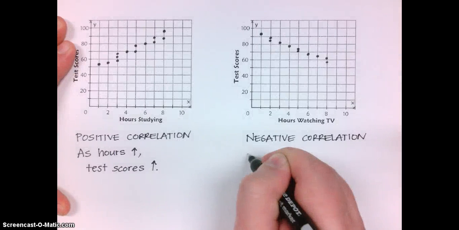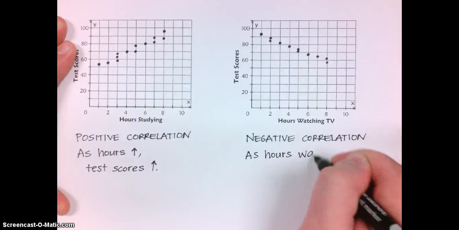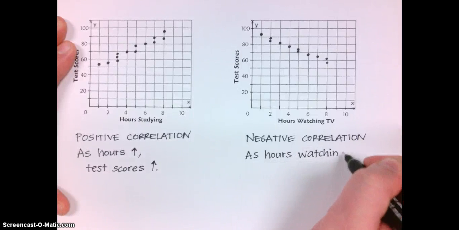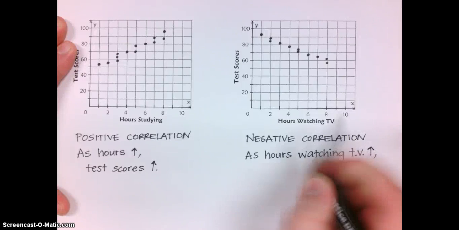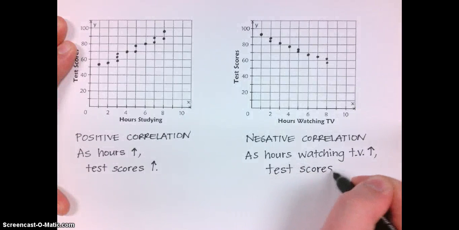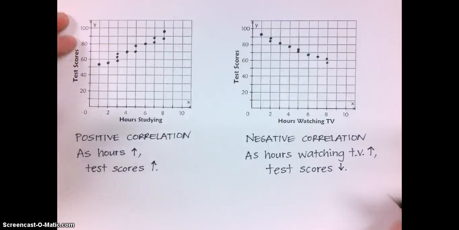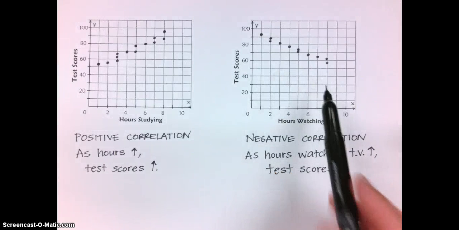Okay, and it looks like as the hours watching TV increase, the test scores decrease. And you may have had an experience like this where maybe one week you watched so much TV that you made no time to study, and it may have been reflected on that test score. Not all the time, but for this data, that's kind of what it appears to have happened.